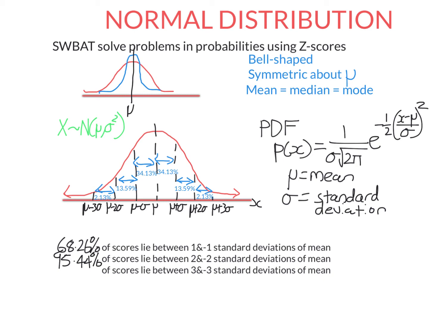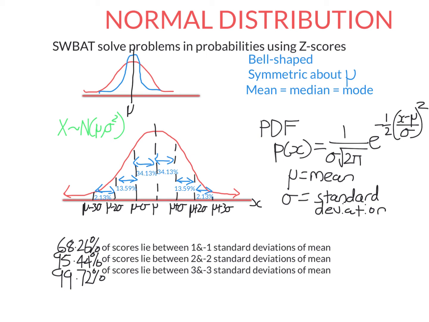So 2 standard deviations means 2 above the mean, -2 standard deviations means 2 standard deviations below the mean. And similarly, for 3 standard deviations below the mean and 3 standard deviations above the mean, adding up all those numbers, 99.72% of scores lie between -3 and 3 standard deviations.